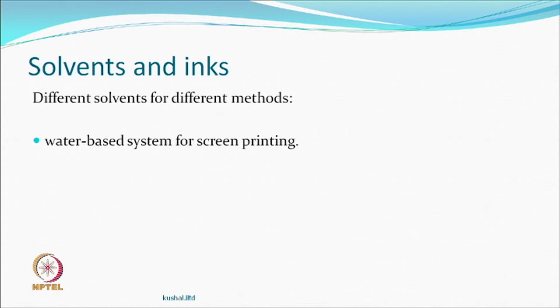So, obviously, it is a dispersed dye. It is water based, that means a water solution. Aqueous based inks can be used for screen printing. For gravure, people may prefer a volatile solvent. Toluene is present here, it could have been benzene also.